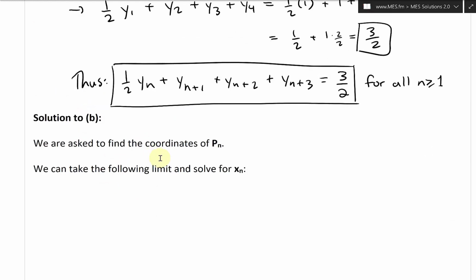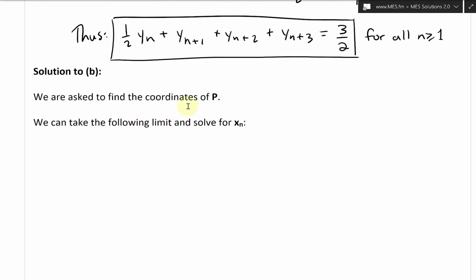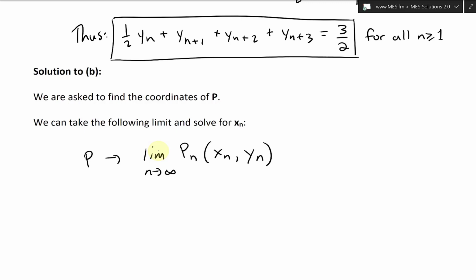So we are asked to find the coordinates of P, not Pn. In other words, the coordinates of P are the limit as n approaches infinity of Pn, the nth P, which is (xn, yn).